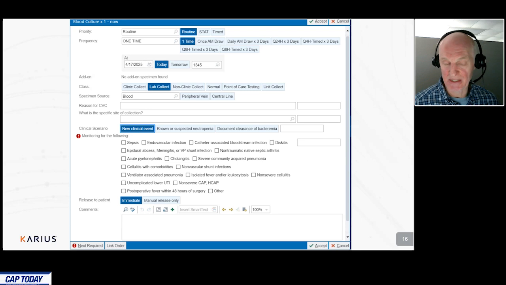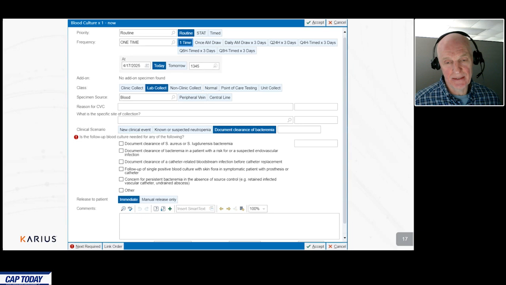Our Epic order entry system mandates for any new patient, first set of blood cultures has to document appropriate clinical indication in the order and in the EMR. Likewise, for follow-up or serial tests, appropriate clinical indication for documentation of clearance of bacteremia must be documented. Certainly that allowed us to get through that shortage by the skin of our teeth without running out of blood culture bottles. But that's really just the tip of the iceberg of stewardship for limited laboratory resources.